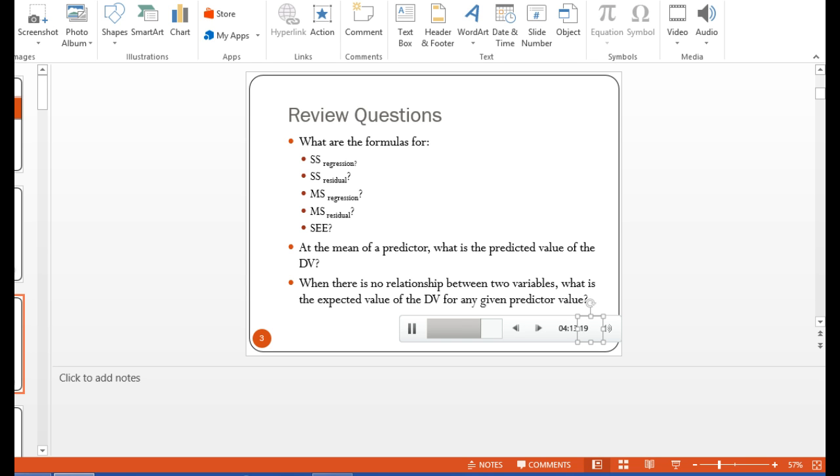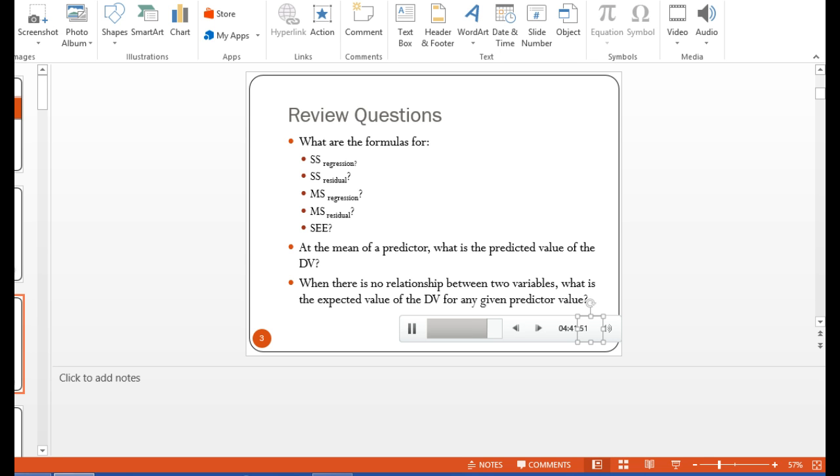And for that, we want lots of n because we want to cut into that MS residual as much as possible, because that forms the denominator of our F test. So the smaller, the better. And remember in our case of 620 n from last week, that's what happened, we were able to cut into the MS residual a lot with that second big sample.